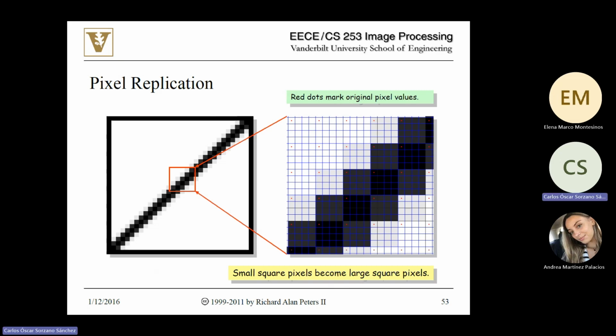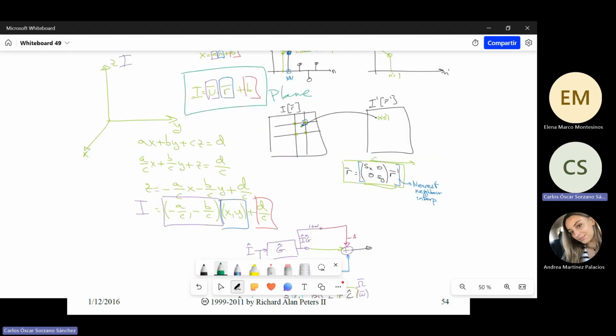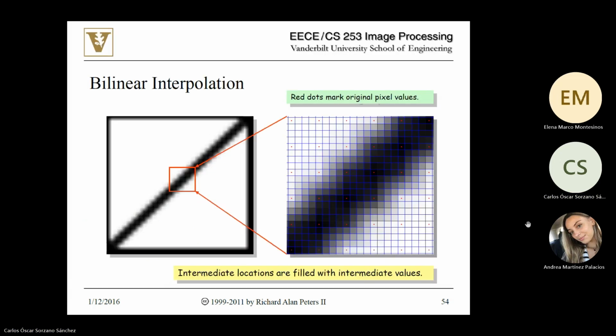And now in bilinear interpolation, we'll make a smooth transition. This smooth transition is because of this line or this plane that you're fitting here. So there is a smooth transition between one value and the other.